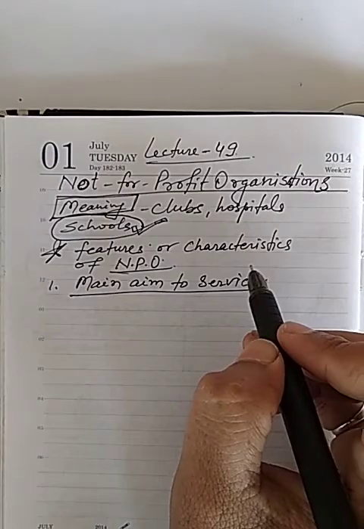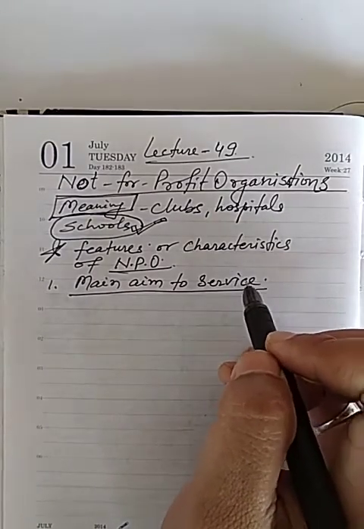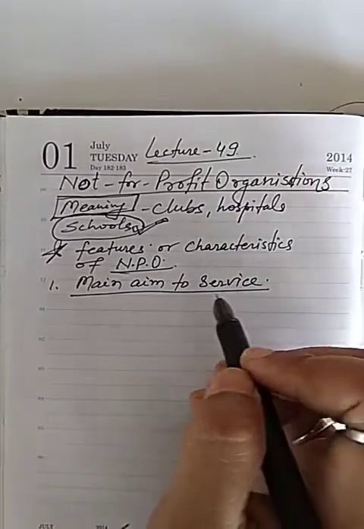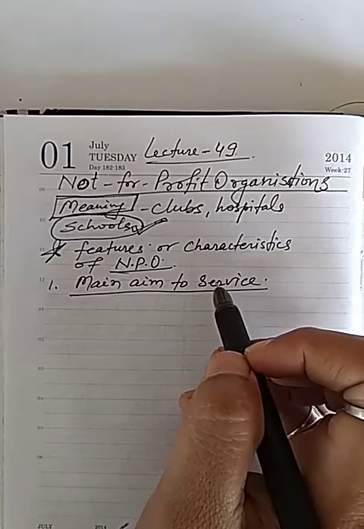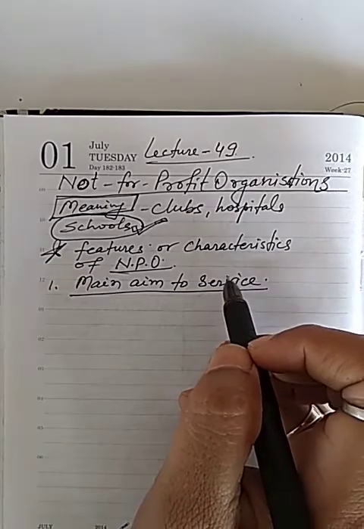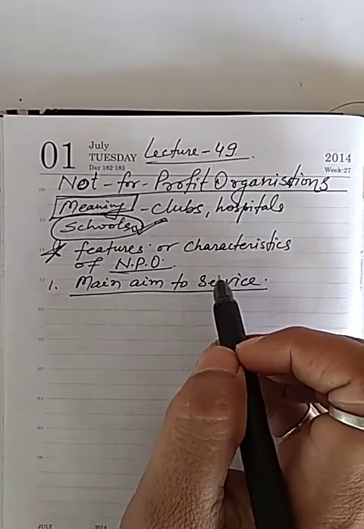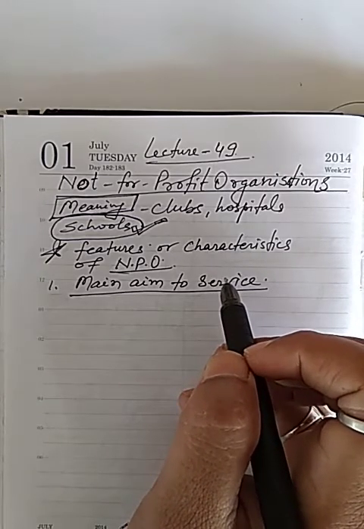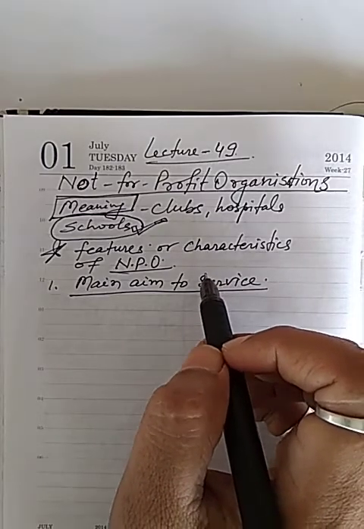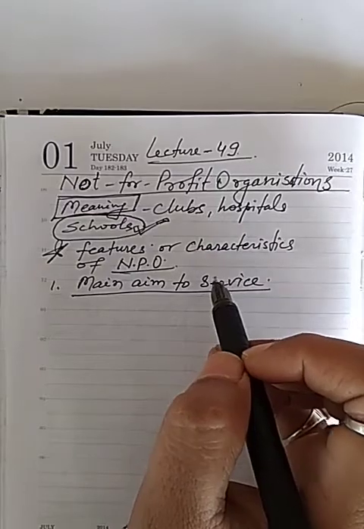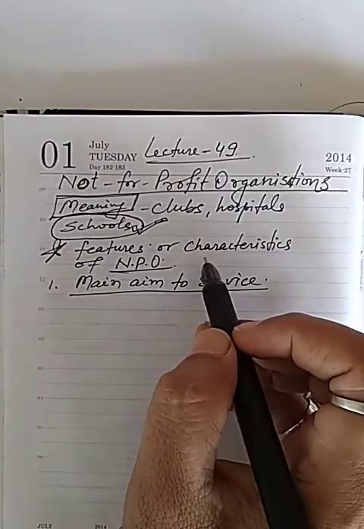Yes, student, such organizations are set up to provide service to a specific group or the public at large, such as education, healthcare, sport, entertainment, etc. The main aim of this organization is to provide service either free of cost or at a nominal rate and not to earn profit.